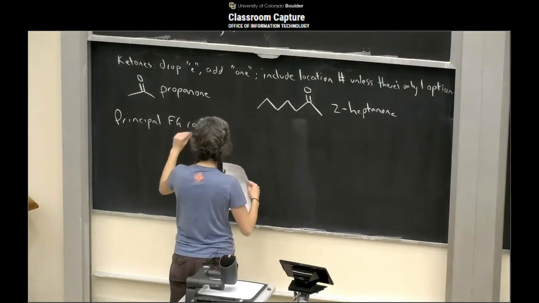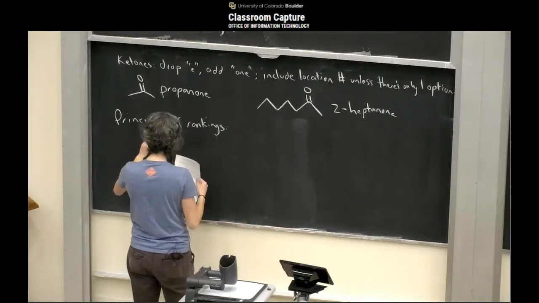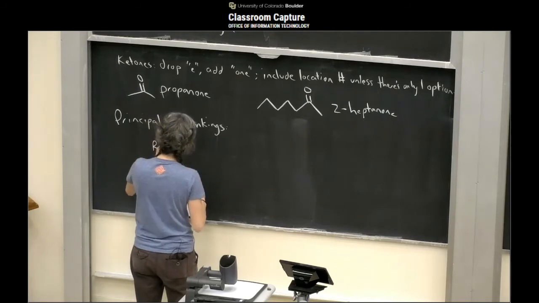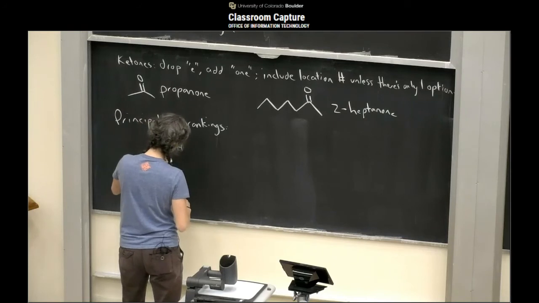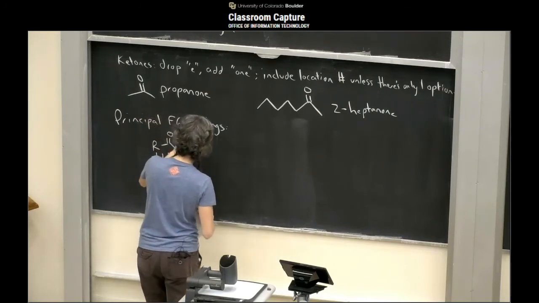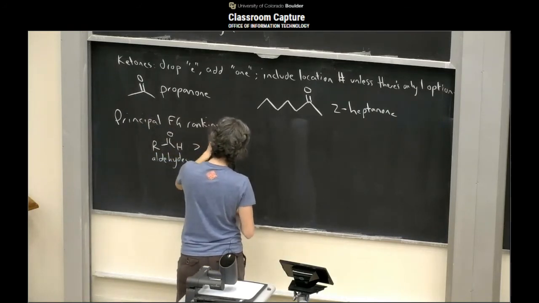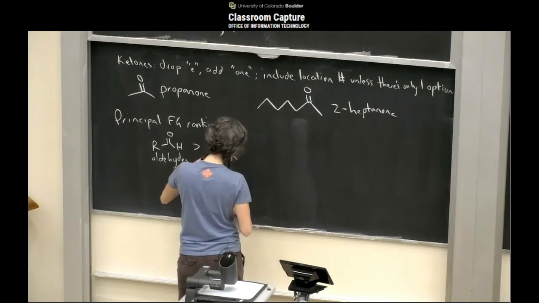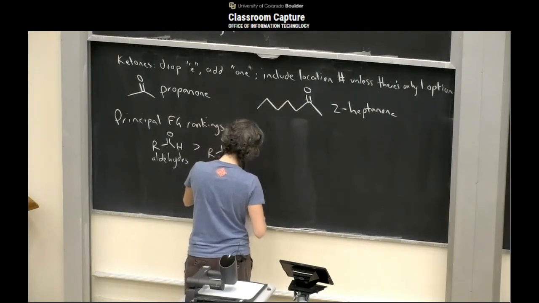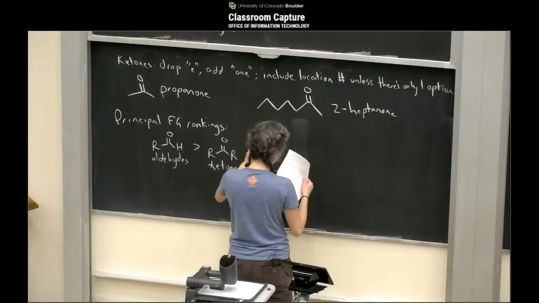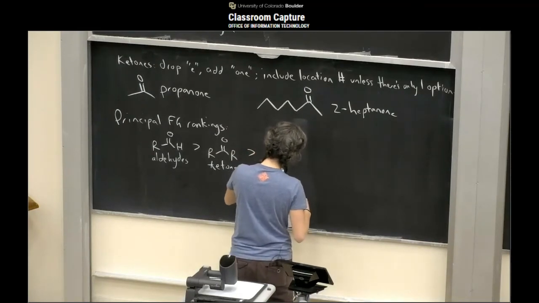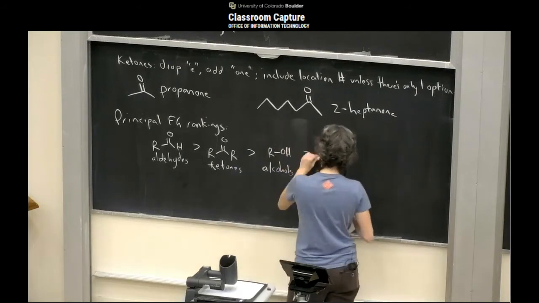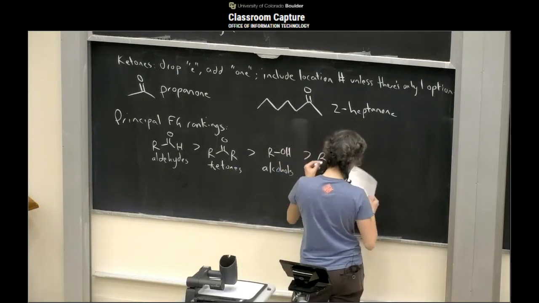Okay, so turns out, for whatever reason, aldehydes are considered higher priority than ketones. Those are considered higher priority than alcohols. Those are considered higher priority than thiols.